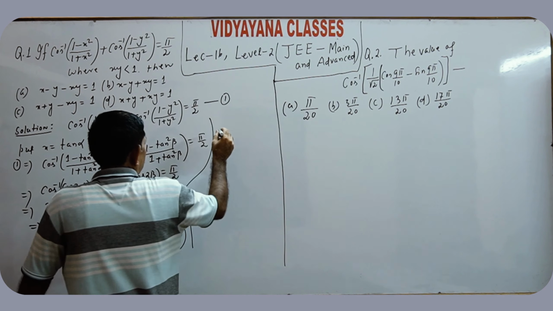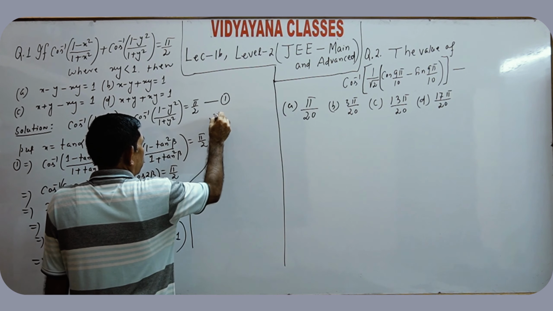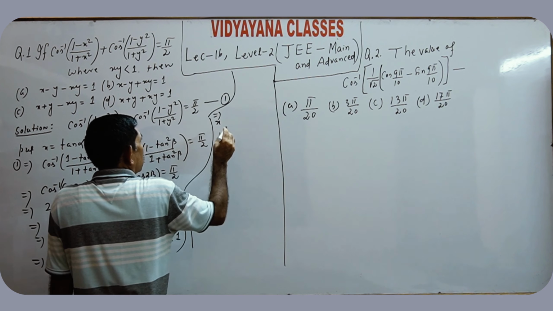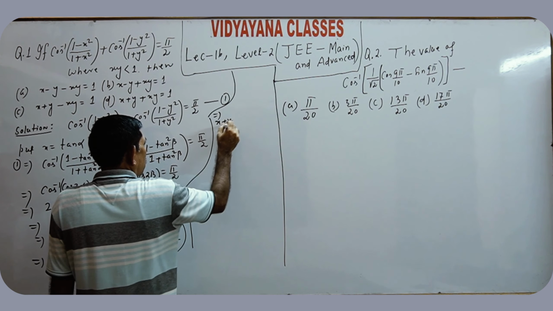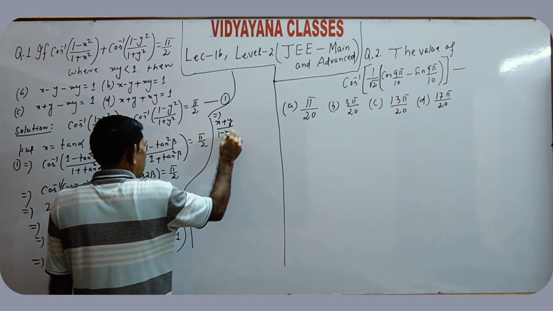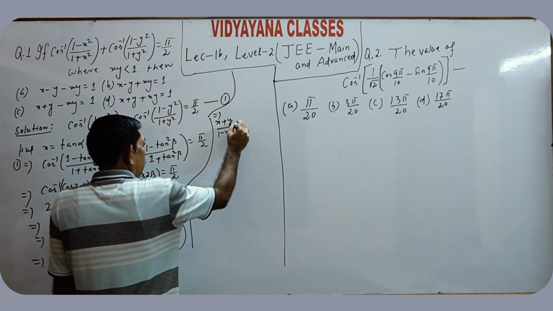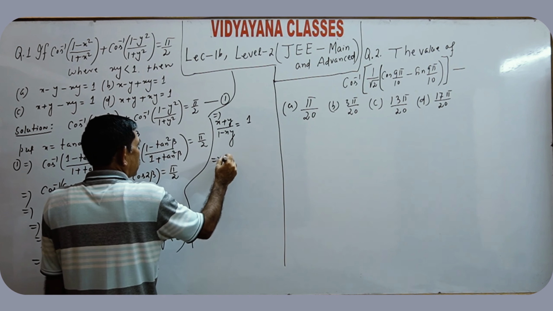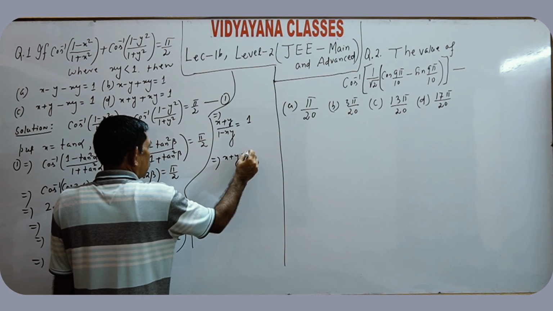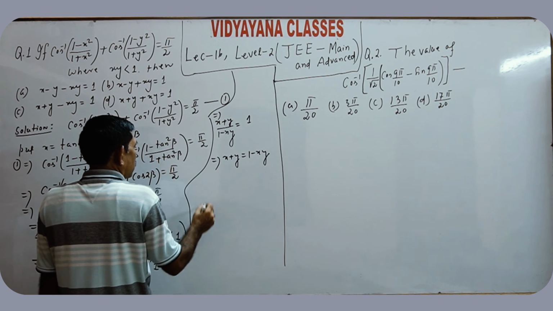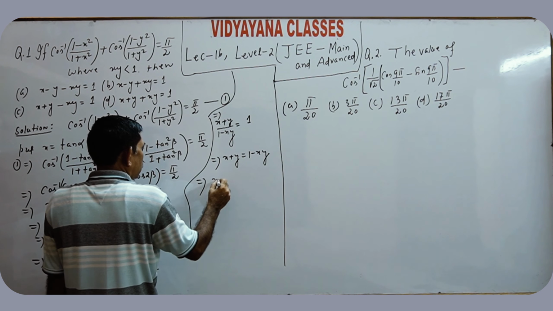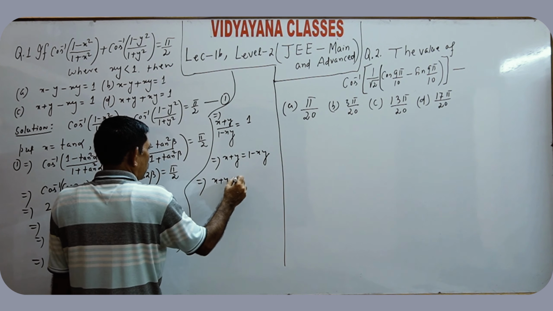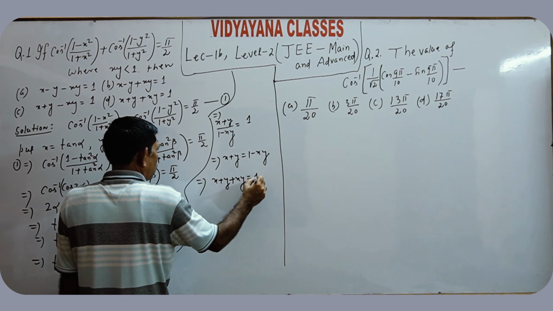X plus y divided by 1 minus xy is equal to 1, which implies x plus y is equal to 1 minus xy, which implies x plus y plus xy is equal to 1.